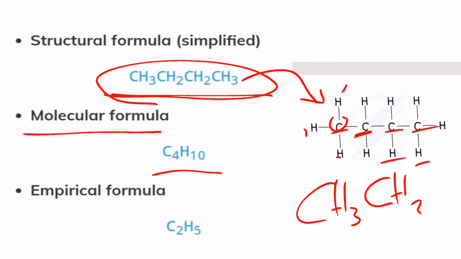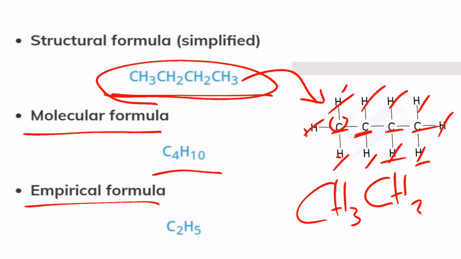So we write C4, and then how many hydrogens does it have? It has 10: 1 2 3 4 5 6 7 8 9 10, so we write 10. So it has 10 atoms of hydrogen.